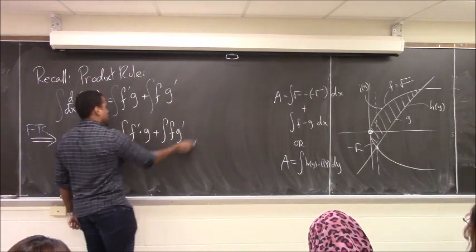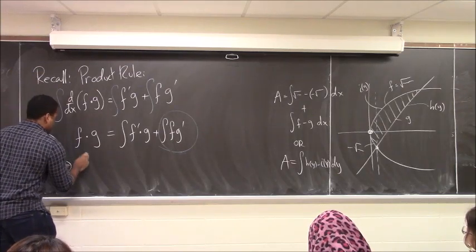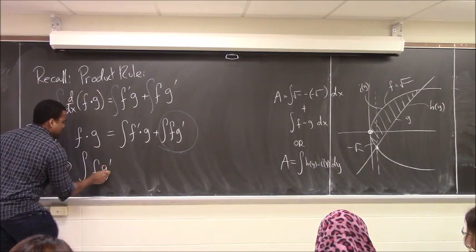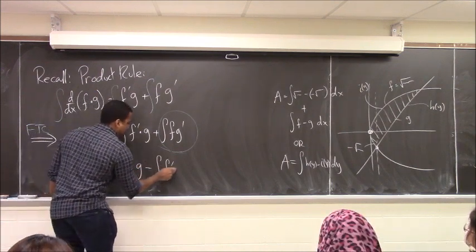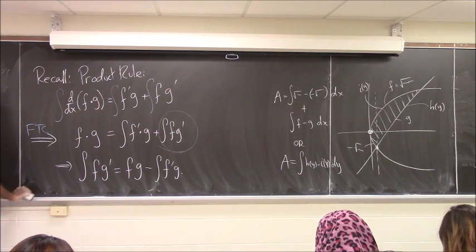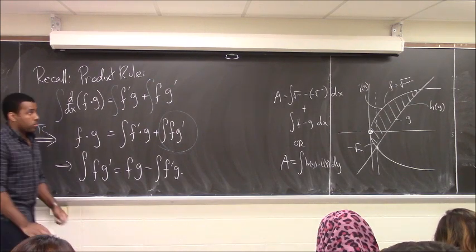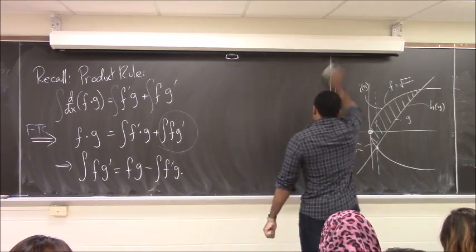And for whatever reason, I can solve for this guy to obtain the following. And that happens to be a very important formula. But you won't see it like that in your textbook. You'll see it in a different way.